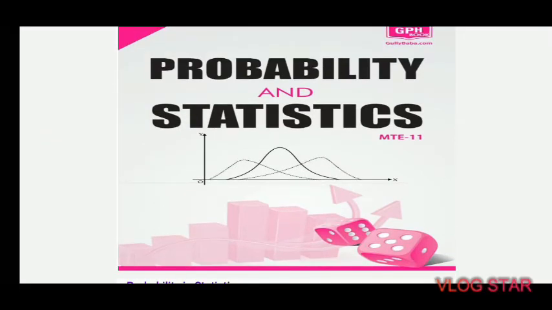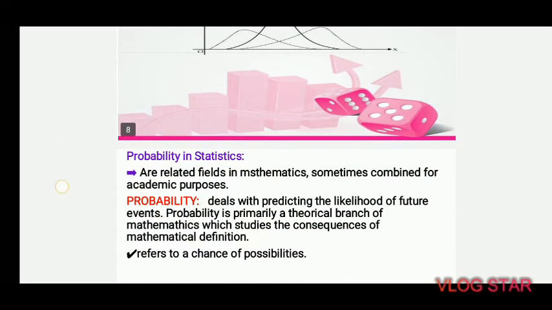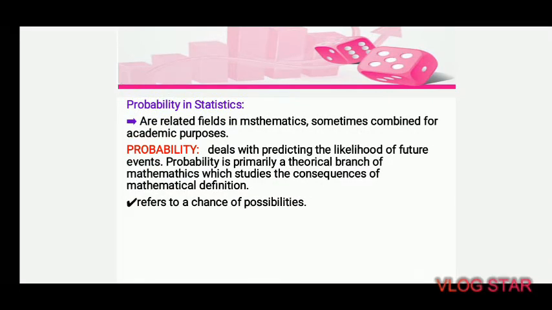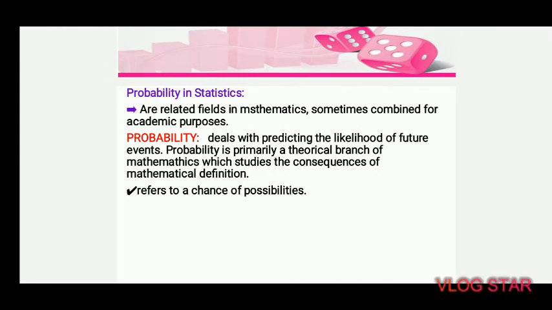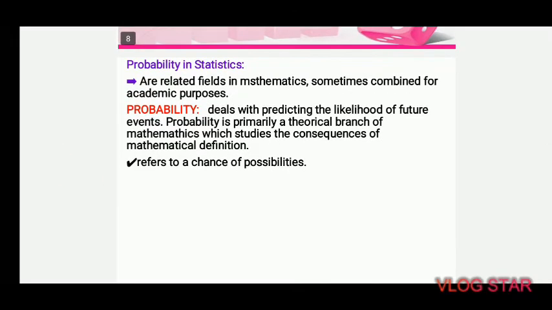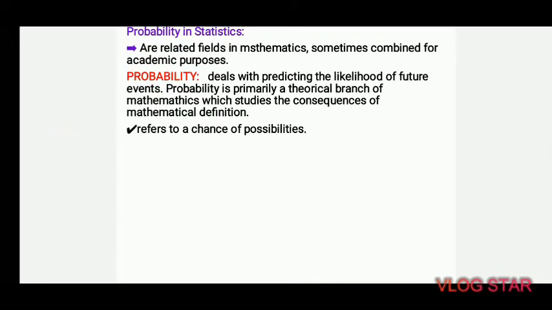Next is probability and statistics. Probability and statistics are related fields in mathematics, sometimes combined for academic purposes. What is probability? Probability deals with predicting the likelihood of future events.